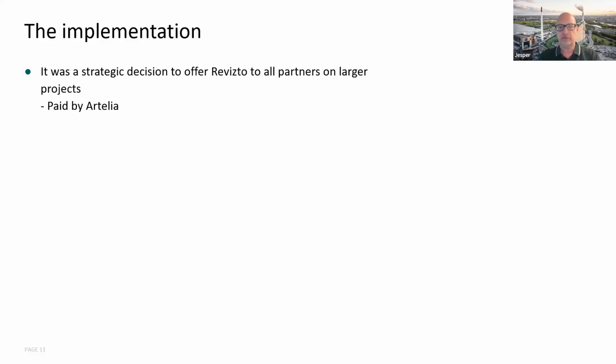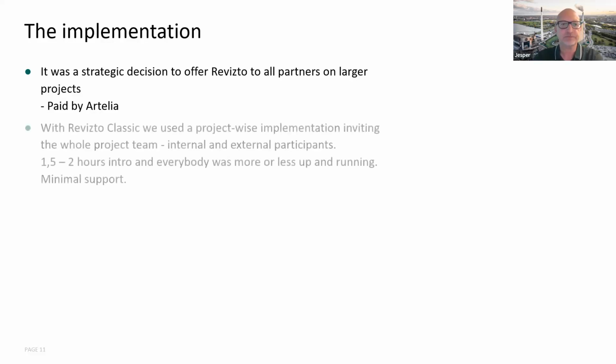And that's where the strategic part of it comes in, because we can see that our benefit in getting this communication, especially the communication part of it, in one place is so big that we're willing to pay for it for the architects and the engineers or the clients, maybe even the contractors when they join the project. So we will pay for the whole thing.